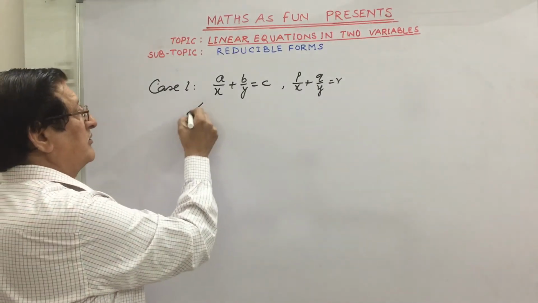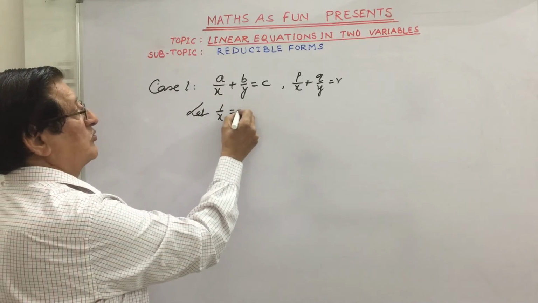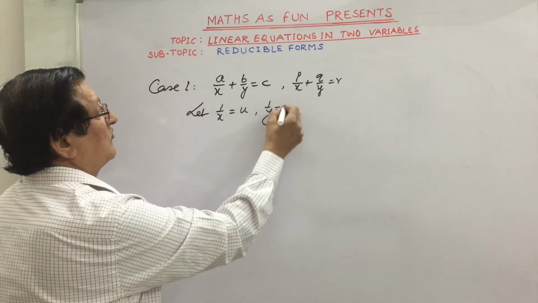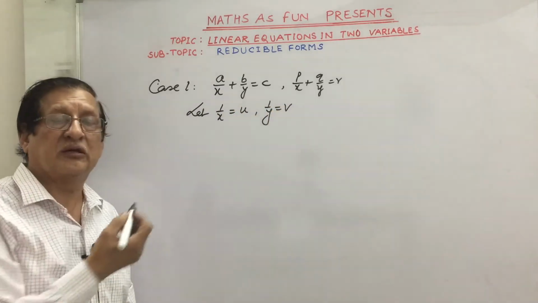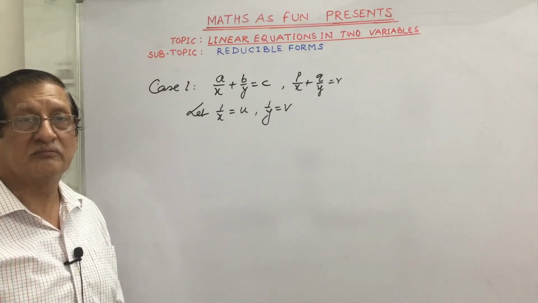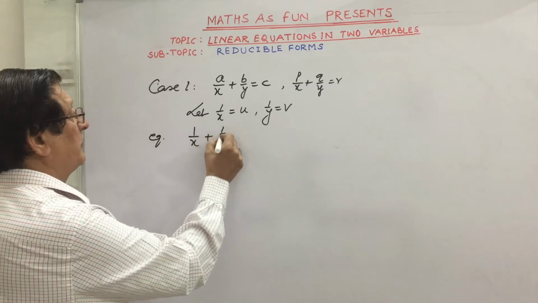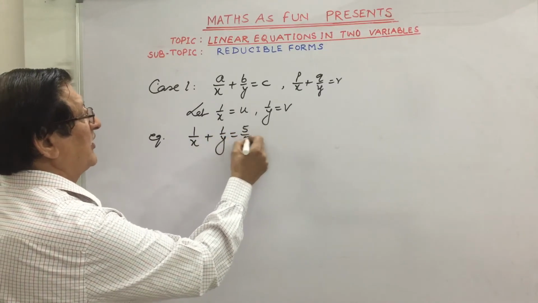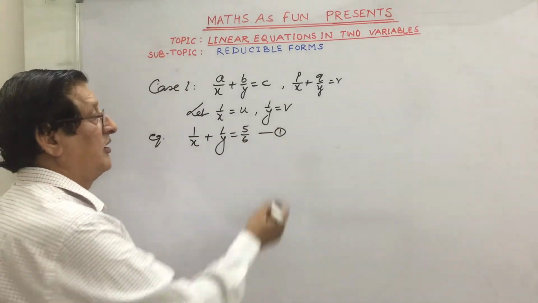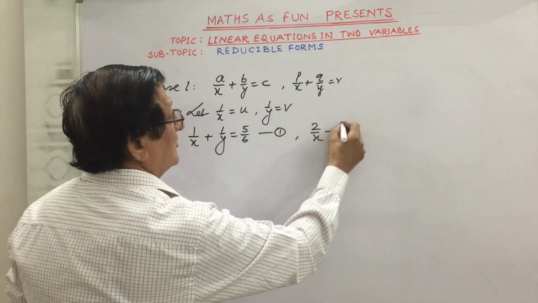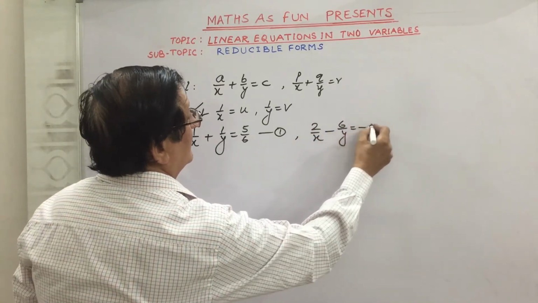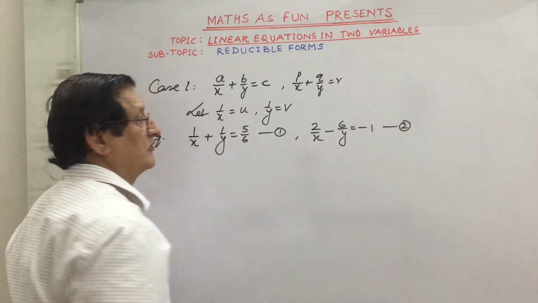We write 1 upon x is equal to u and 1 upon y equal to v, and then they can be reduced to the linear form. Let's take one example of this. Suppose it is 1 upon x plus 1 upon y equal to 5 upon 6, the first equation, and 2 upon x minus 6 upon y is equal to minus 1, the second equation.